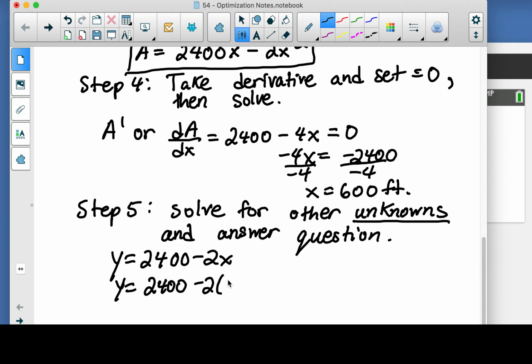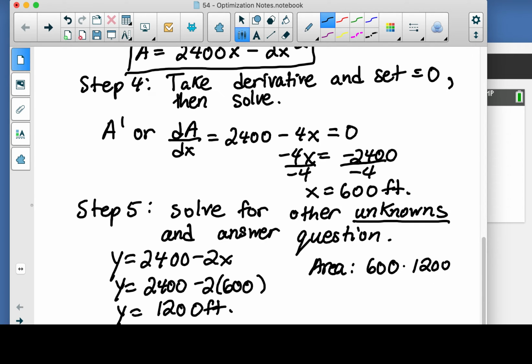I could plug the x into my original A equation to find the max area, and then find the y value either way. So y comes out to be 1200. And then it's up to you. We have the two different dimensions, so with area, you could plug into the equation that we came up with, or you can multiply the length times width, which we just found.